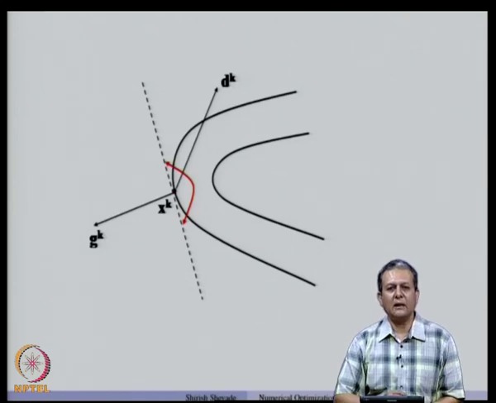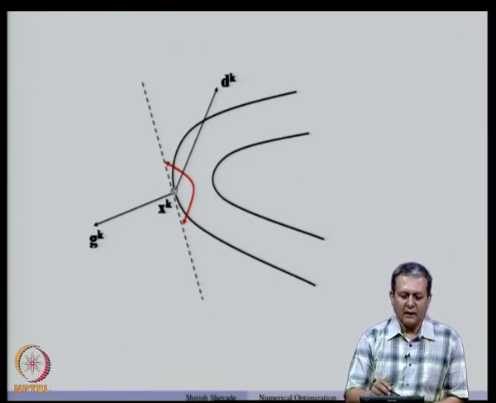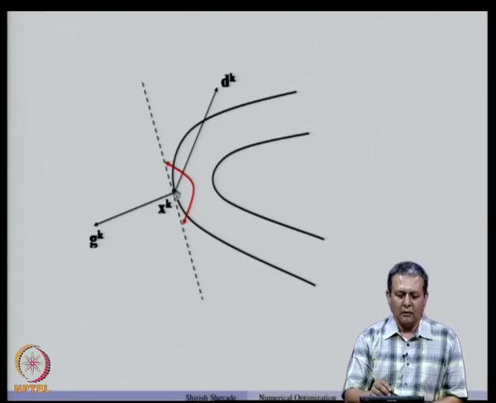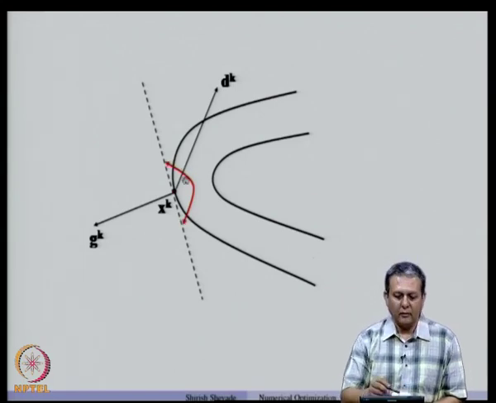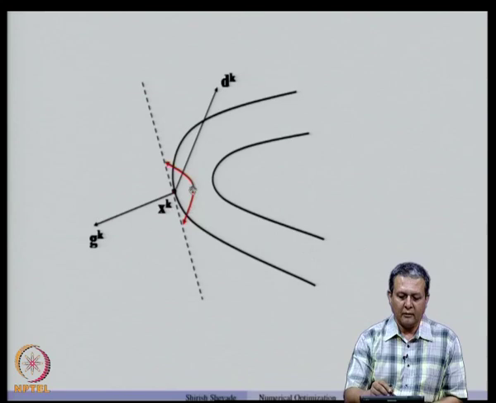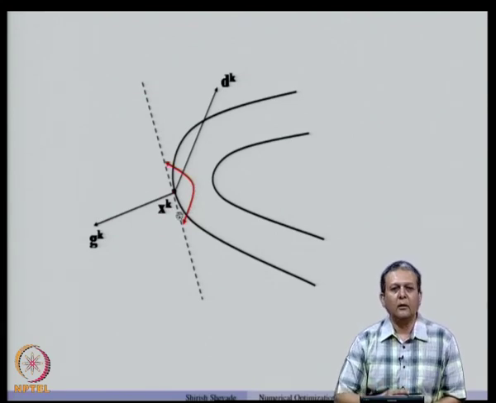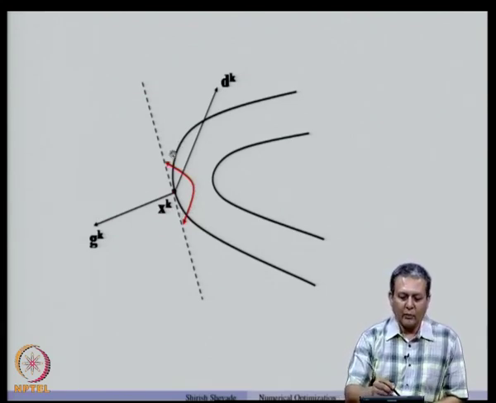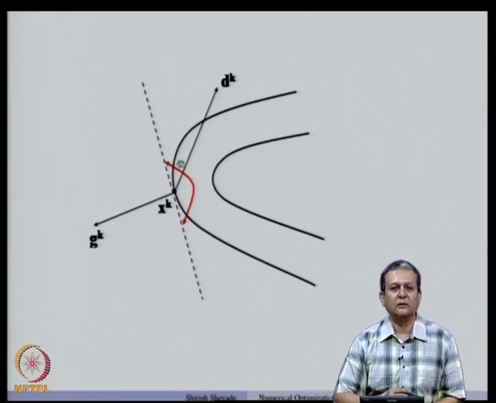We saw in the last class that if g k transpose d k is less than 0, then d k is a descent direction for f at x k. Which means that d k should be in the open cone, which is shown by a red arc here. So, d k should lie in this open cone, and that will make an obtuse angle with g k.